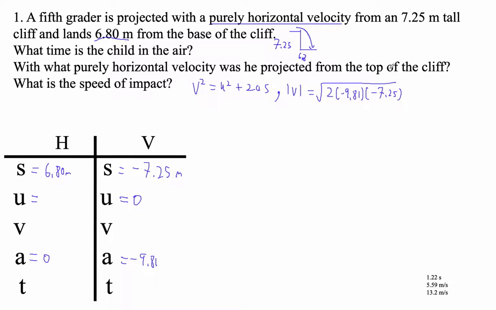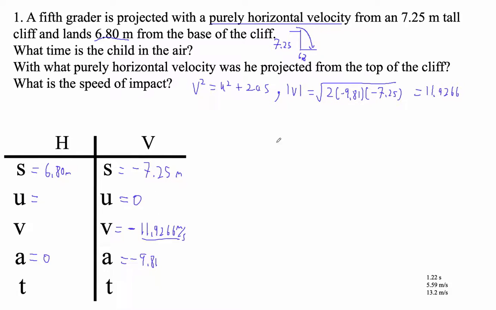Obviously, you can just not type either negative and you're fine. That's 11.9266. But the fifth grader's going down, so we're going to make that negative 11.9266 meters per second. I'm writing a bunch of sig figs because I don't want to round.